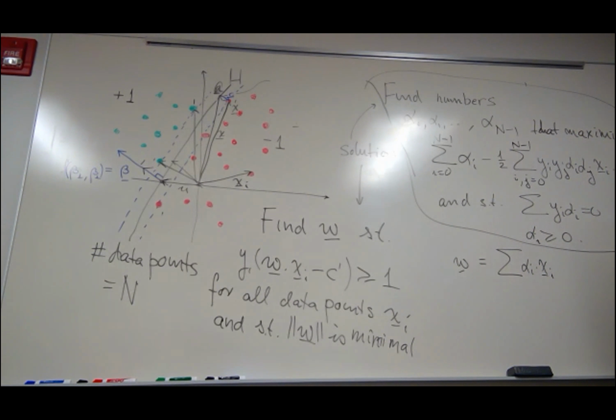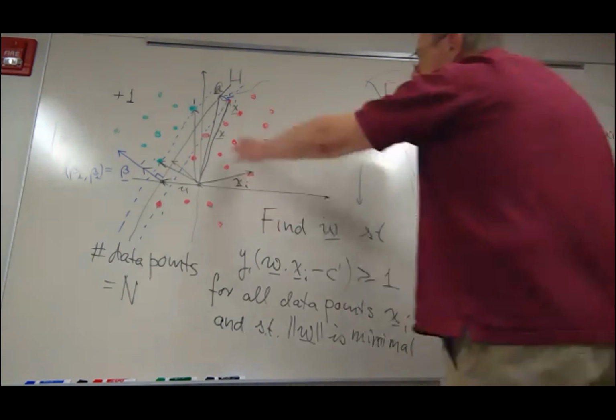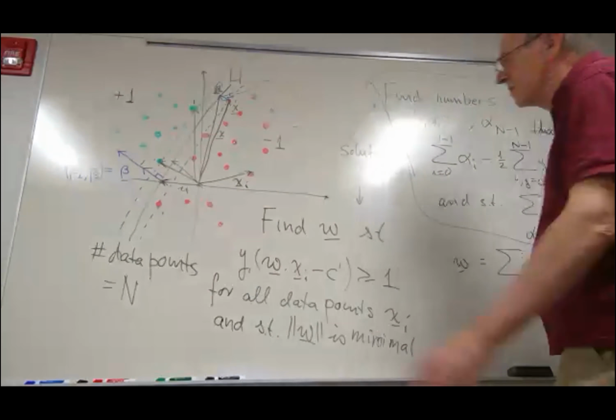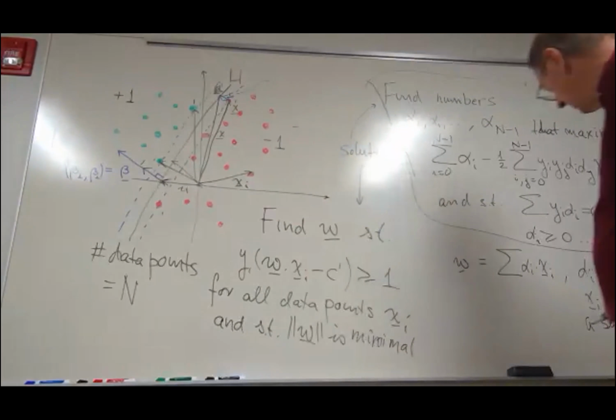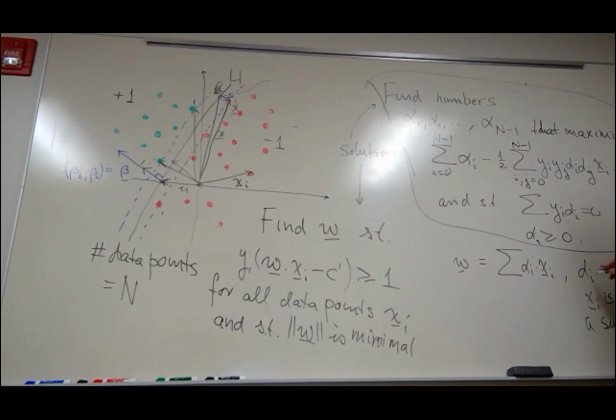This is a linear combination of the support vectors, and alpha i is 0 if xi is not a support vector. So for all the data points that are further away than mu here, the corresponding coefficient alpha i will be 0.